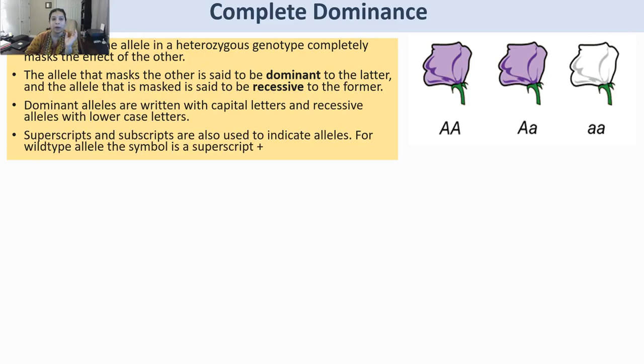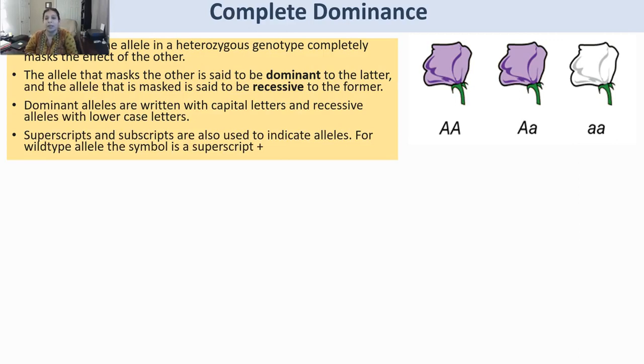This is where the effect of one allele in a heterozygous genotype completely masks the other. So in the above example, the yellow pea color completely masks the green color that's in there. The allele that is masking is said to be dominant over the one that it is masking, and that is the recessive form of that particular gene.